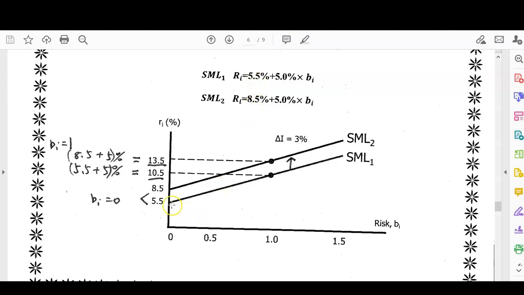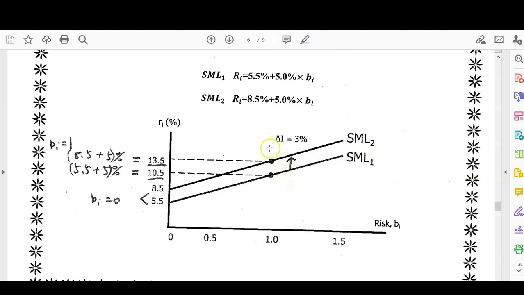Okay, so you can see our SML line moved up parallelly. Our intercept with the RI y-axis, when beta is 0, RI used to be equal to RF, which is 5.5% for SML1. Now it equals 8.5% for SML2. So SML moved up.